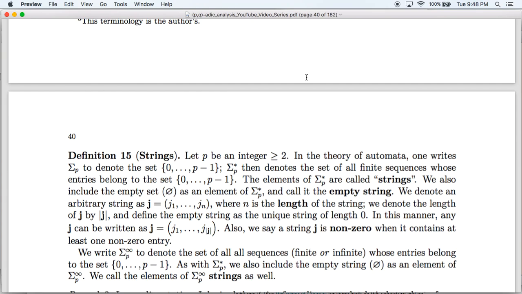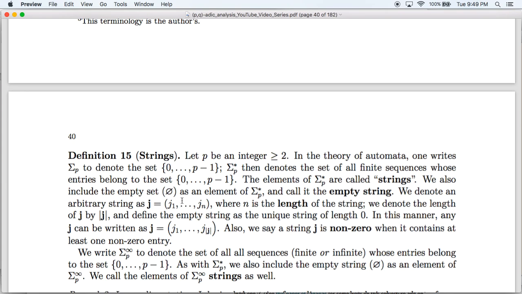So let p be an integer greater than or equal to 2. In the theory of automata, one writes sigma p to denote the set 0 to p minus 1. Sigma p star is then the set of all finite sequences whose entries belong to this set. Sigma p is called an alphabet here. The elements of sigma p star are called strings.